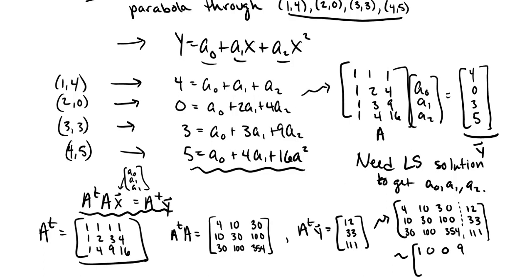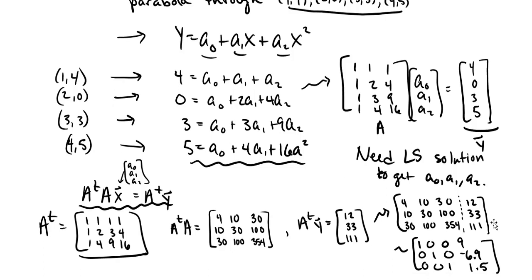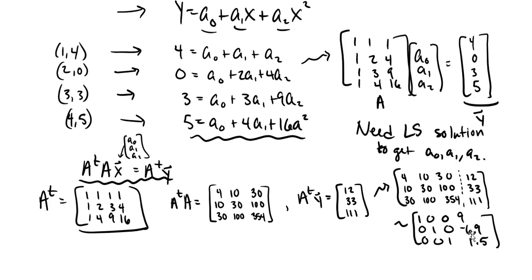a 9 here, a negative 6.9 here, and 1.5 here. If I didn't make any mistakes, we've got our solution now. Those are our coefficients, 9, negative 6.9, and 1.5. Those are my a naught, a1, and a2.